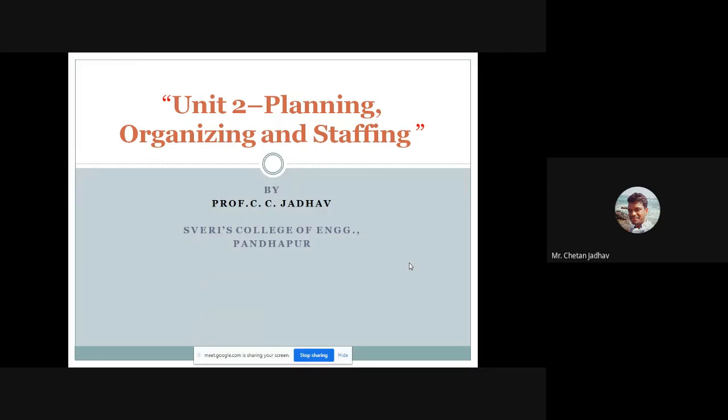So how to organize all the planning sheets to get our output, we are also going to see. And next, staffing: how to manage all the department level managers and all the employees. In that we will see in detail.